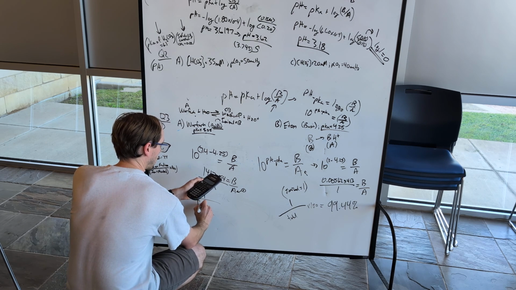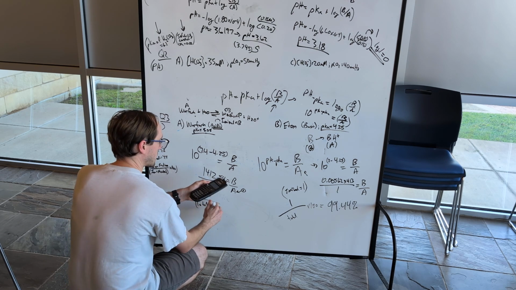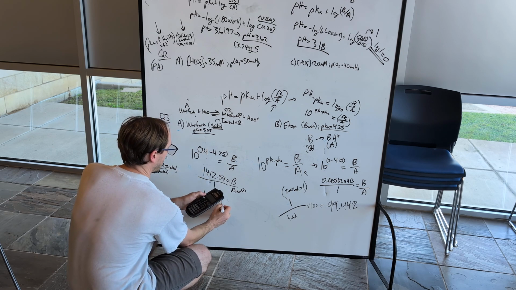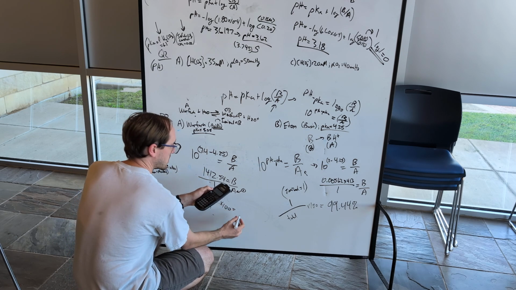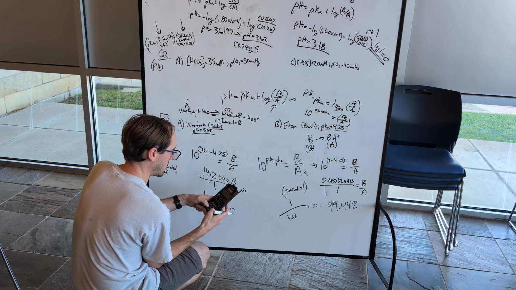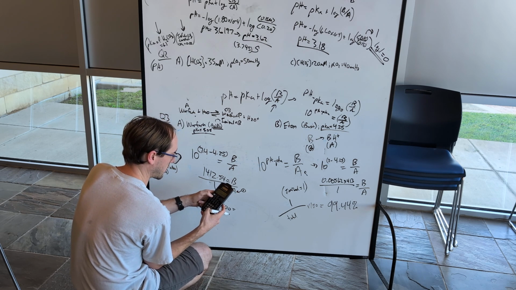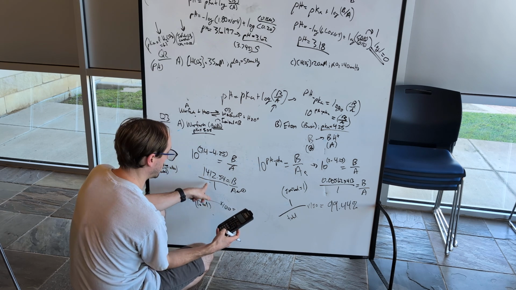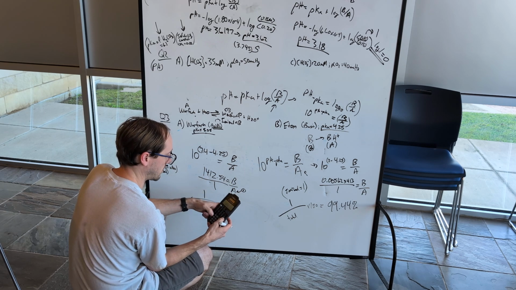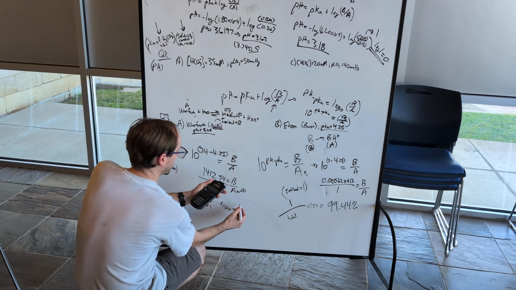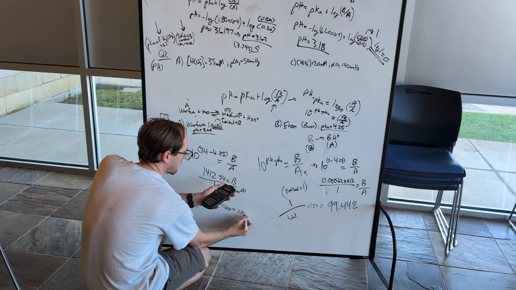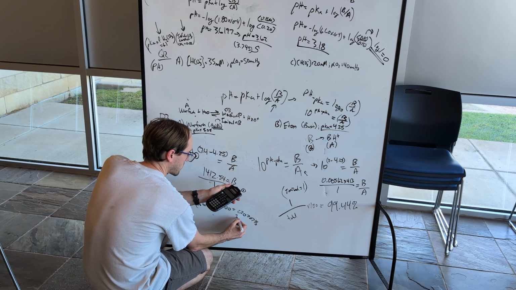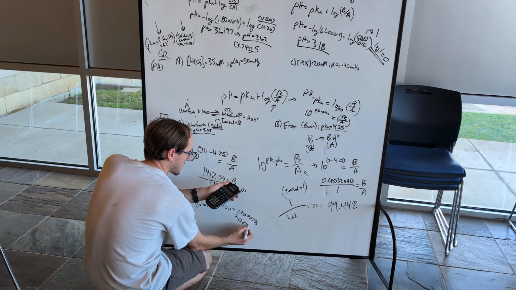So that means this is a 1 over the total, which is the addition of this 1 to this big number here, times 100 gives us our ionization percentage. So 1 divided by that number plus 1, times 100, gives us a percentage of 0.0707%, which is more or less 0.07%.